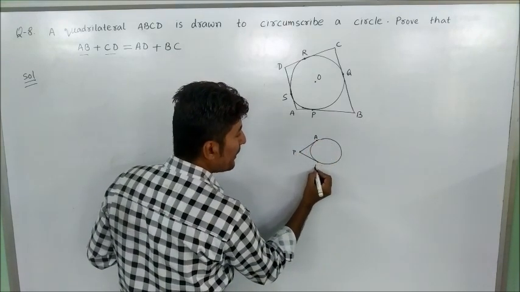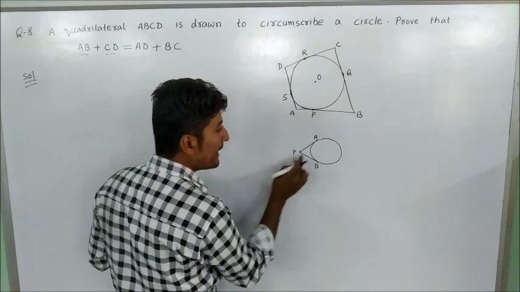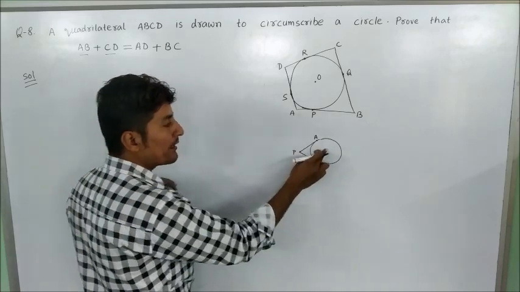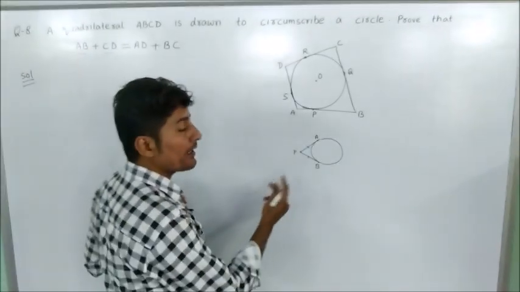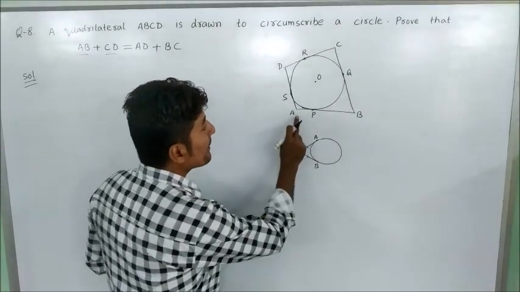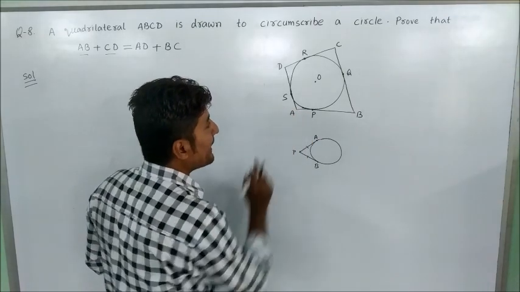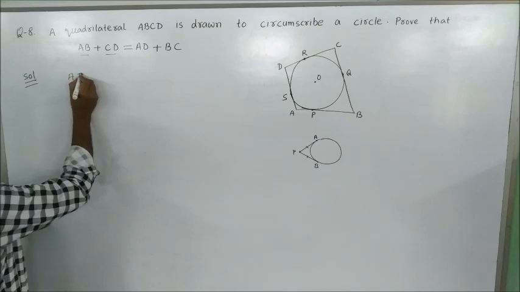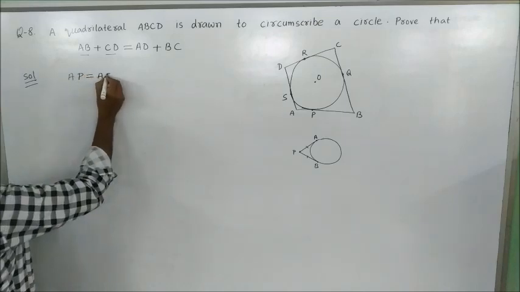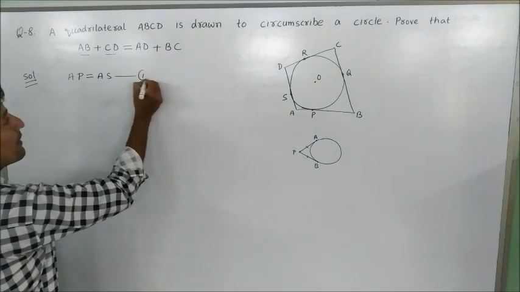It means if we draw two tangents PA and PB to the circle, then the lengths of these two tangents are equal. I have already proved this in the previous video. So here we can write AP is equal to AS. This can be taken as equation number 1.